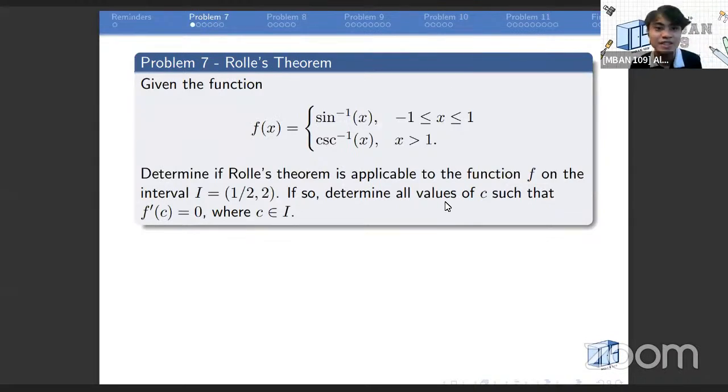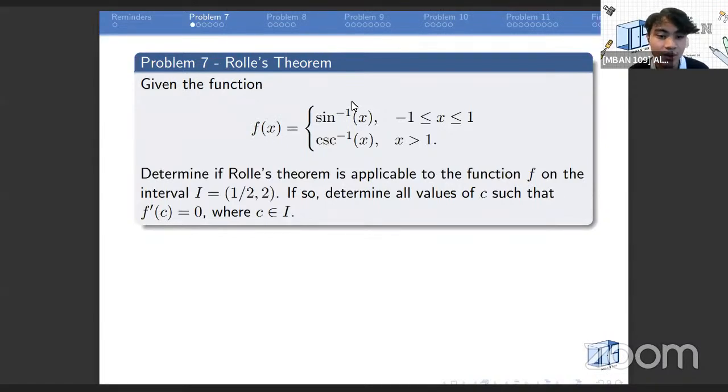Okay, so let's start with the first problem. Our first problem is about Rolle's theorem. Given the function f of x is equal to the arc sine of x when x is less than or equal to 1 but greater than or equal to -1, and equal to arc cosecant of x when x is greater than 1.